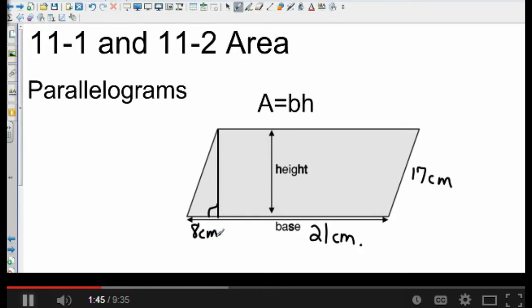So I know this is 17. I need to find the height, which we'll let represent h.